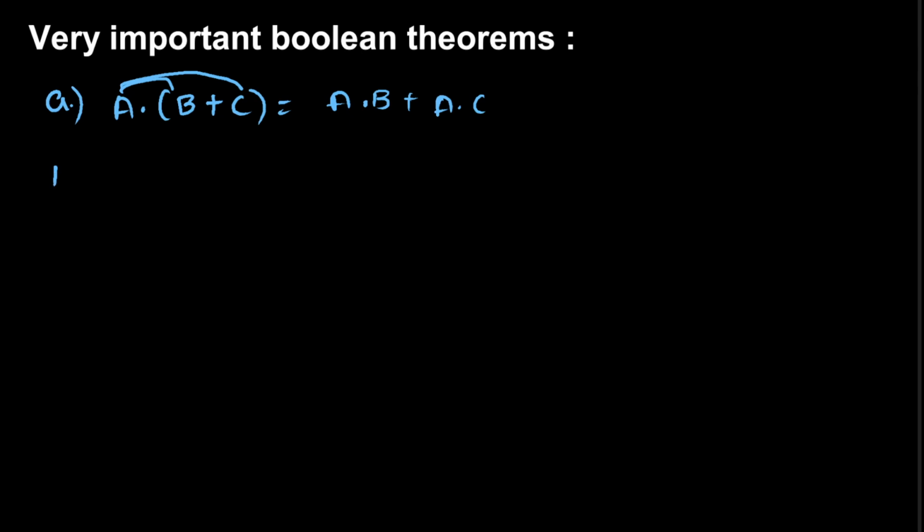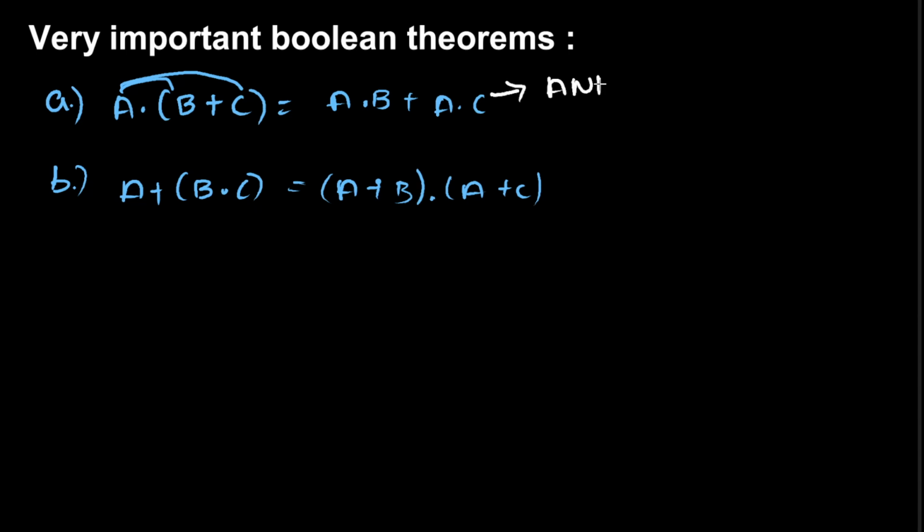Similarly, if I am doing A plus B into C, then my answer will be A plus B into A plus C. So what can you observe here? What is the sign that is being distributed over the variables here?